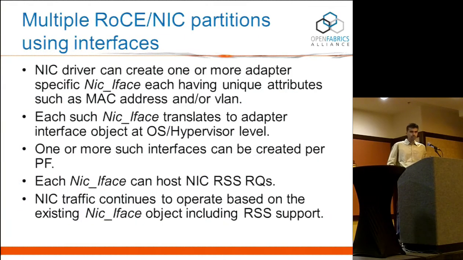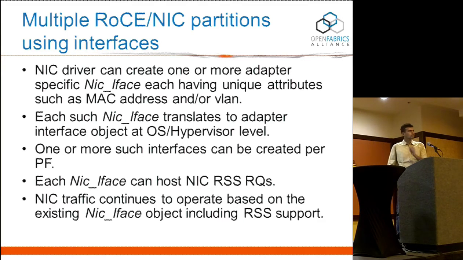Every para-virtualized or virtual device that we create on an Ethernet or NIC RoCE side has two main properties. One is a MAC address, and the other is a VLAN, along with a bunch of other small properties such as multicast, promiscuous mode, VLAN promiscuous, and multicast promiscuous.